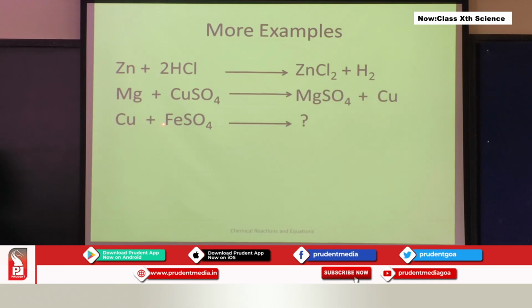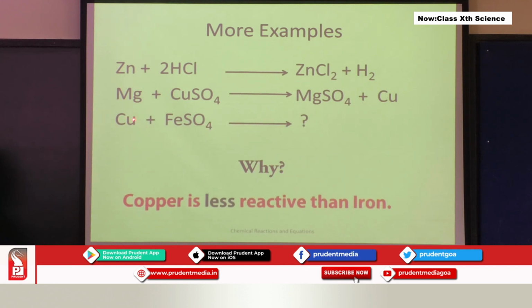Have a look at the third reaction. Can you tell me what the product is here? Yes, you are right. There will not be any reaction in the third. Why can the third reaction not take place? Because copper is less reactive than iron.